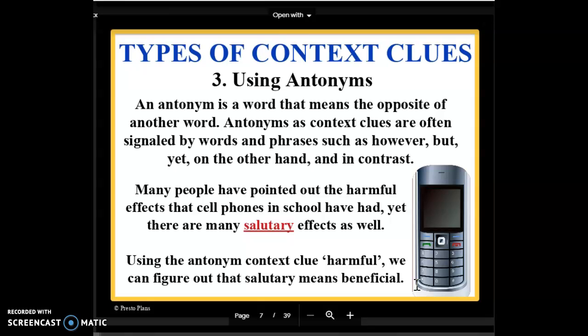"Many people have pointed out the harmful effects cell phones in schools have had, yet there are many salutary effects as well." Using the antonym context clue harmful, we can figure out that salutary means beneficial. What they're missing here is we have harmful and beneficial, but the real word that signals that it's an antonym and not a synonym is the word yet.